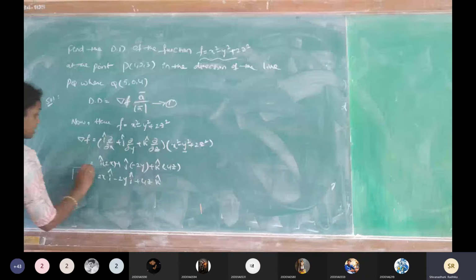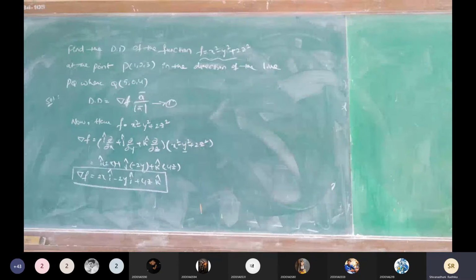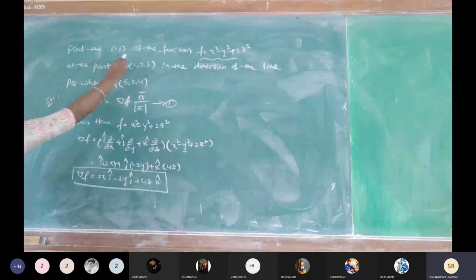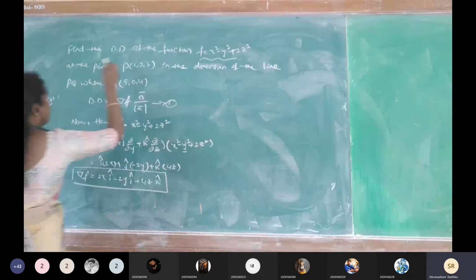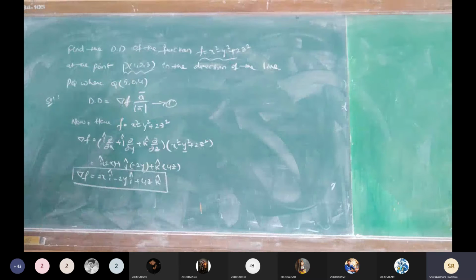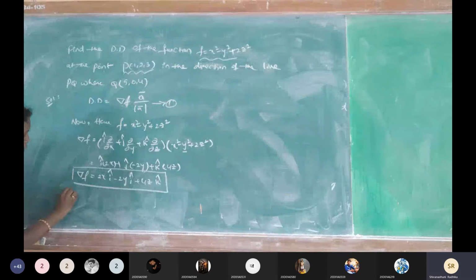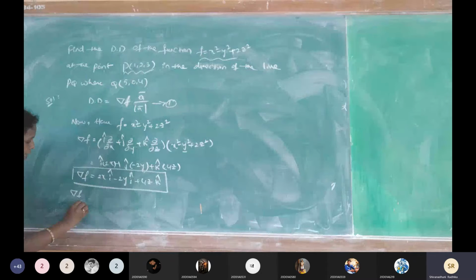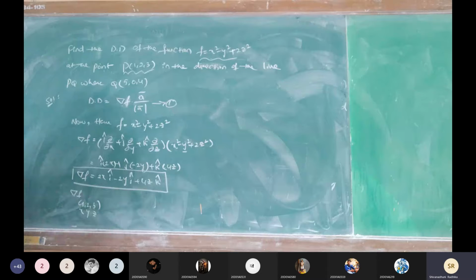Now we are going to find del f at which point? The directional derivative of the function at the point P (1, 2, 3). So we find del f at (1, 2, 3), meaning substitute x equals 1, y equals 2 and z equals 3 in del f.